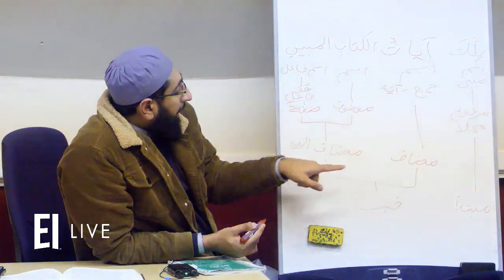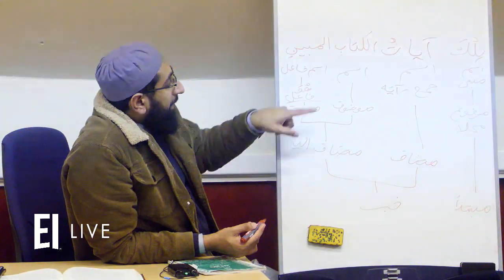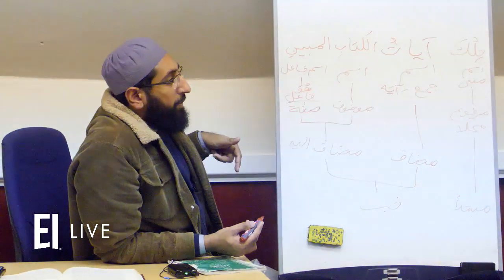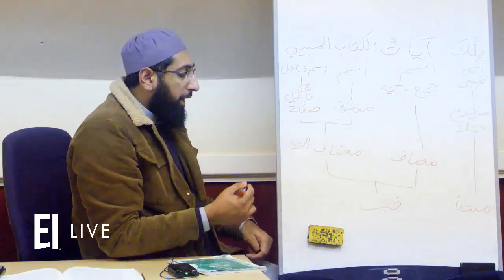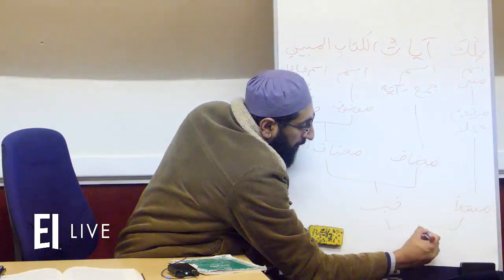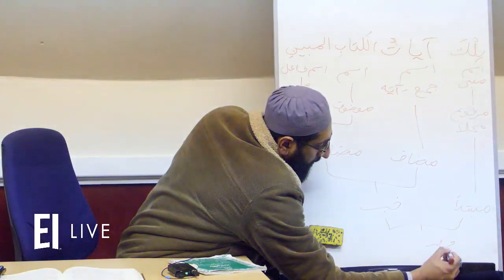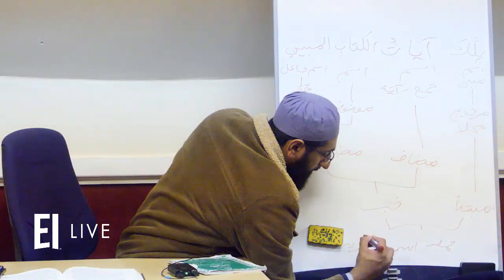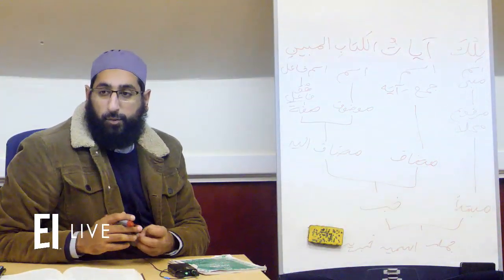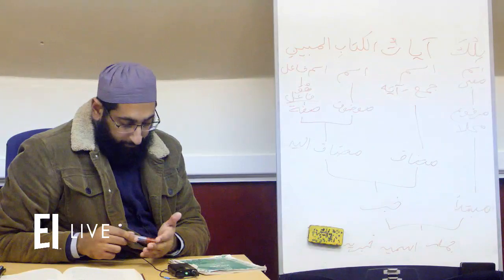Now mudaf and mudaf ilay together, that is ayat and al-kitab al-mubin. Both of them together will become the khabar of this mubtada. And then mubtada and khabar together will become jumla ismiya khabariya. Okay? Jumla ismiya khabariya.